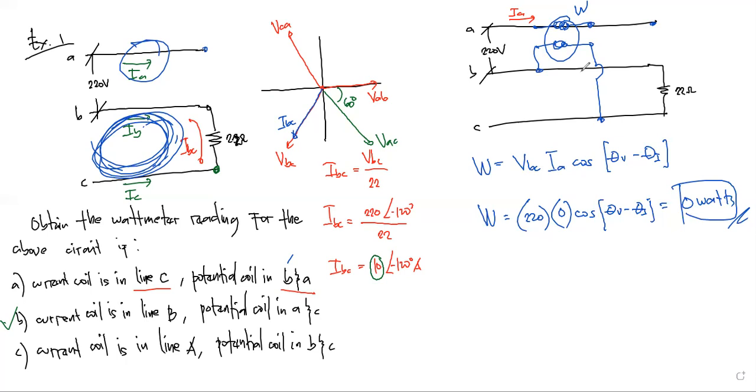Okay, so that is why we use a wattmeter, because we want the device to indicate how much is the real power, or the actual power drawn with the circuit. So the question is, how do we connect a wattmeter in such a way that it will indicate the real power drawn by the three-phase load?